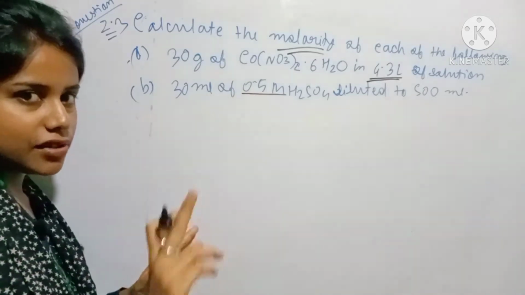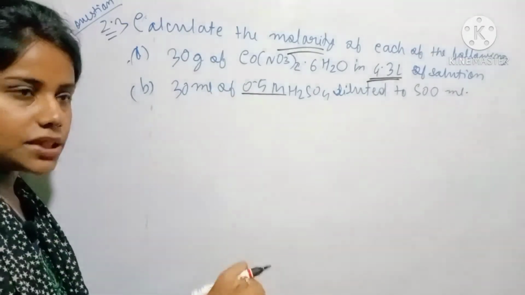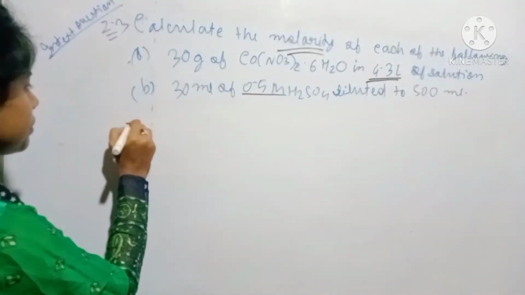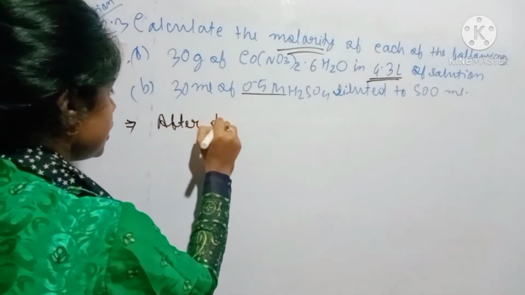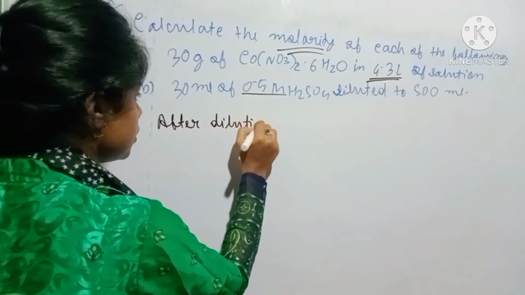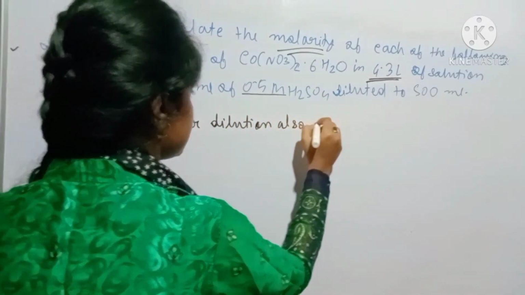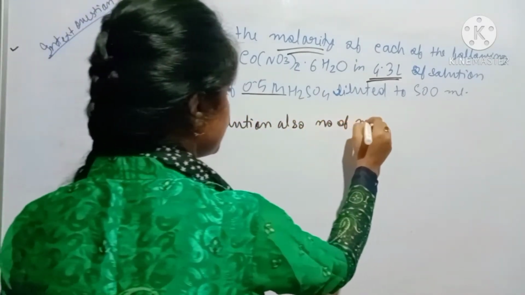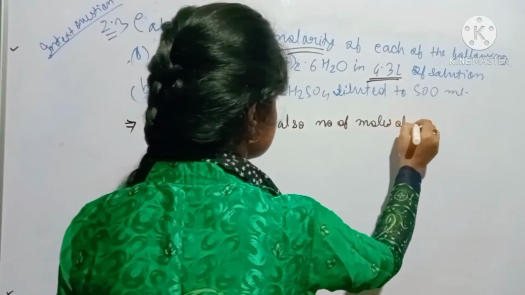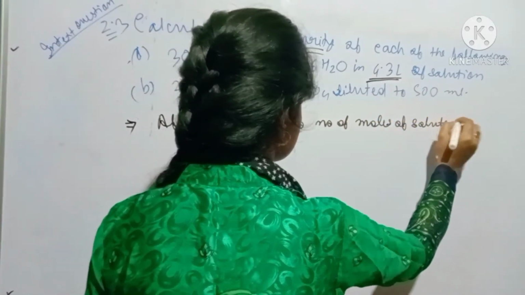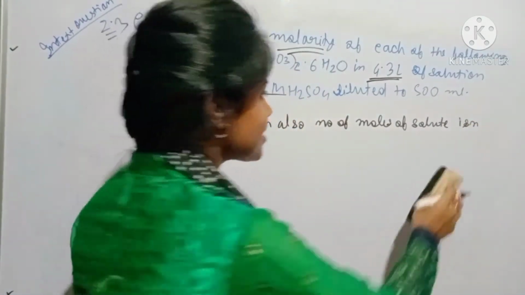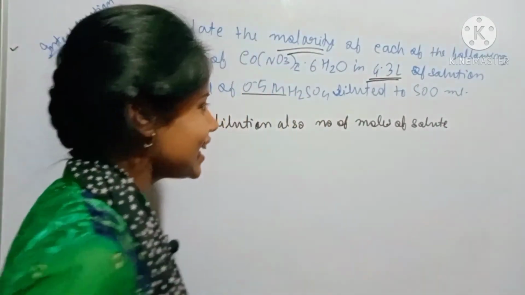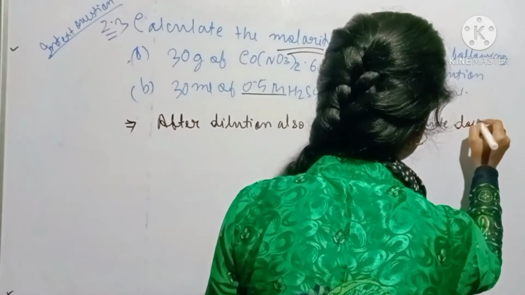So if you add 470 ml water to this 30 ml of solution, then molarity will be changed, right? Molarity will definitely be changed. But you have to remember one thing, that after dilution also the number of moles of solute doesn't change. Sorry for my English, I am very weak in grammar.